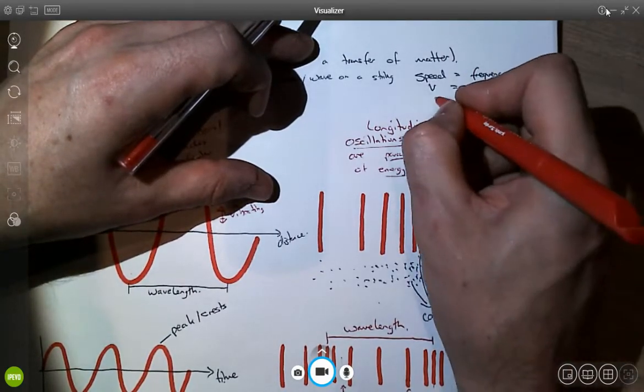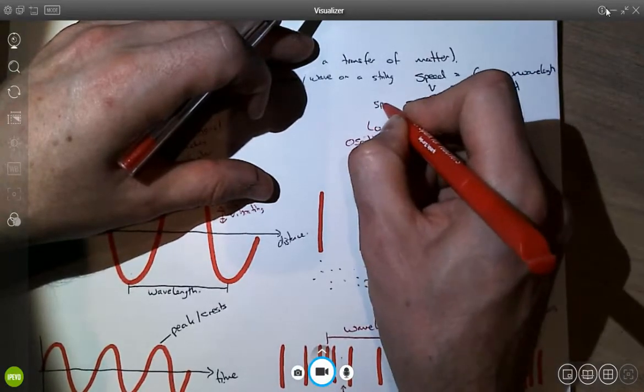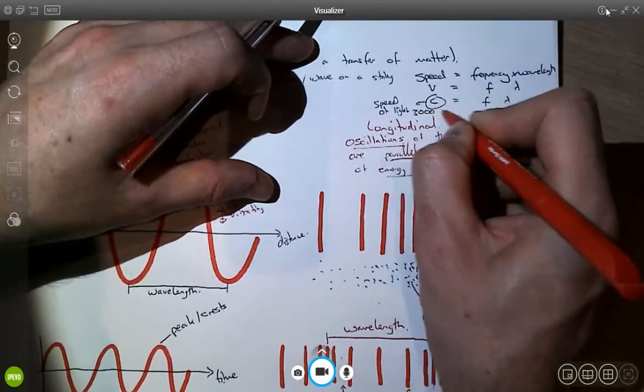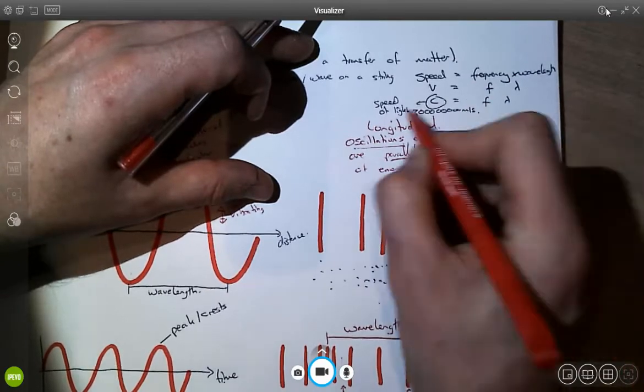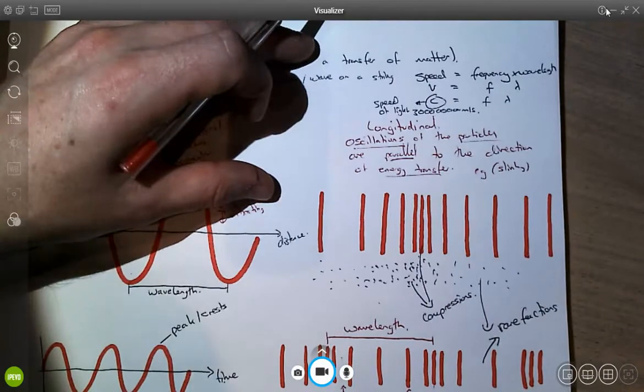If we're talking about light, then we use this form where c is the speed of light, which is 300 million meters per second. It's obviously very high. If it's a regular wave that's not light, then we use v for velocity.